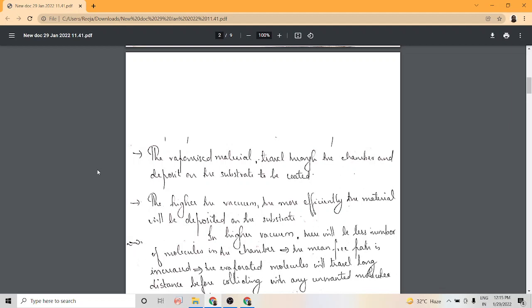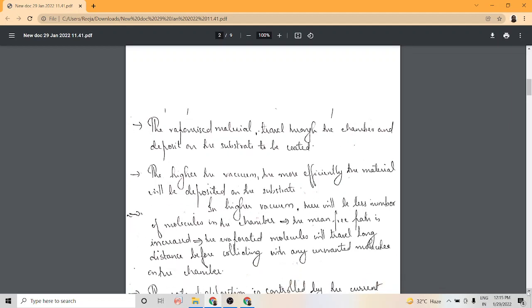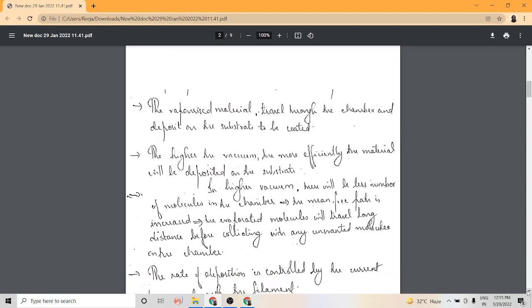It is the distance between two successive collisions. So, the vapor atom can travel a very long distance without colliding with any other unwanted molecules, and it can reach the substrate and get condensed and deposited on it. Okay, so the entire process is carried out in a vacuum chamber.